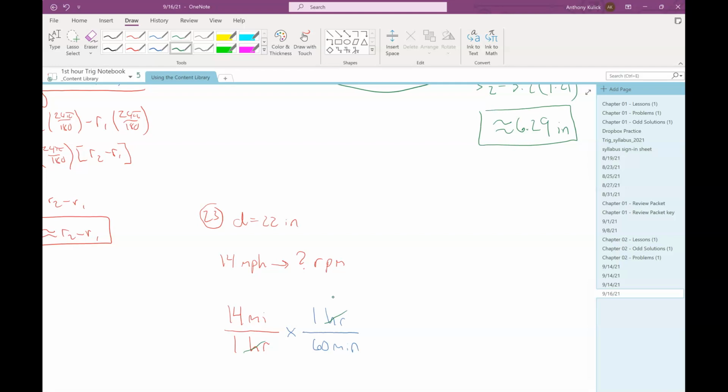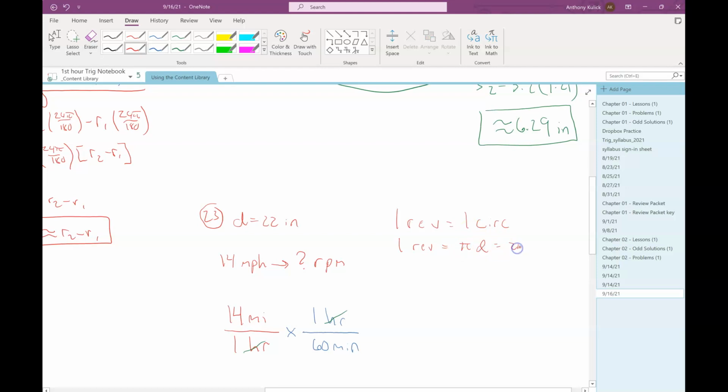What we need to do then is we need to convert miles to revolutions. And the key there is that I know that 1 revolution is equal to 1 circumference. So the circumference of a circle is pi times the diameter.